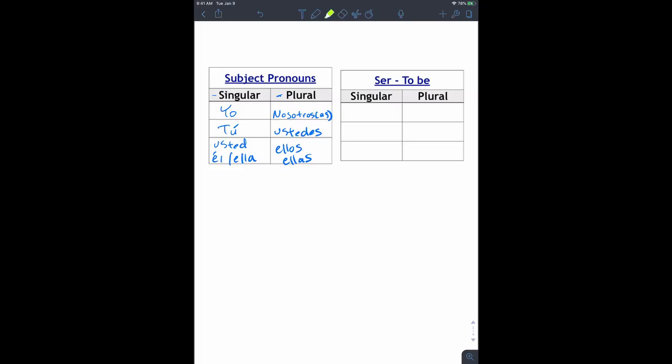Okay, now let's look at how to use ser with these subject pronouns. In the yo form, to say things like I am, you would say yo soy. In the tú form, to say something like you are, it's going to be tú eres.